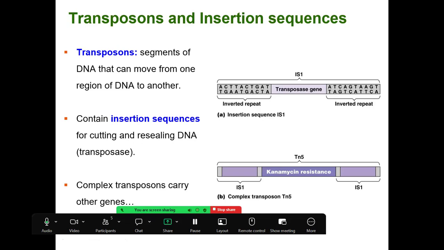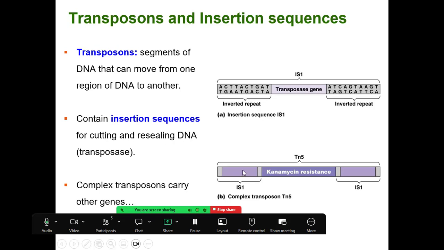Complex transposons can carry other genes, like the Tn5 transposon, which carries the kanamycin resistance gene. Usually the complex transposons have an extra gene or two near the center, and then they have a transposon over here and a transposon over here, meaning it has sort of like two transposons.